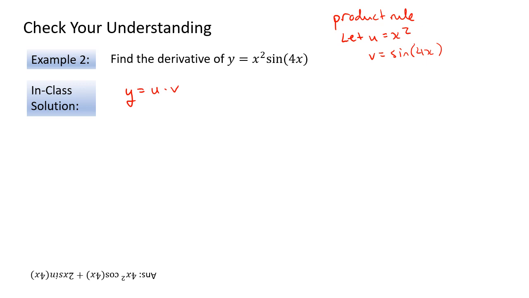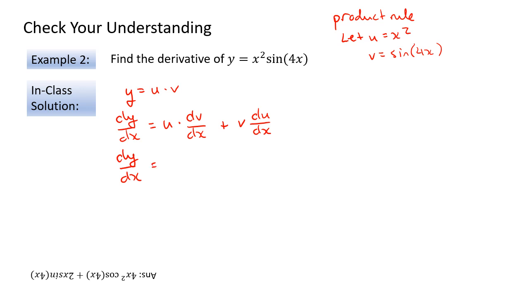So if I use the product rule, dy by dx is equal to the function u multiplied by the derivative of the other function, dv by dx, plus the function v times the derivative of the other function, du by dx. So that's using the product rule. So now we can simply substitute these values in, because we know the values of u and v, and we can calculate the derivatives using our normal rules rather easily.